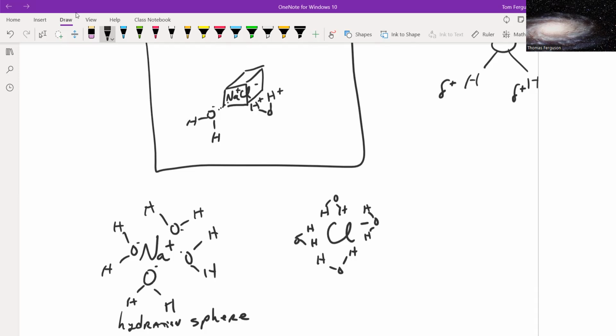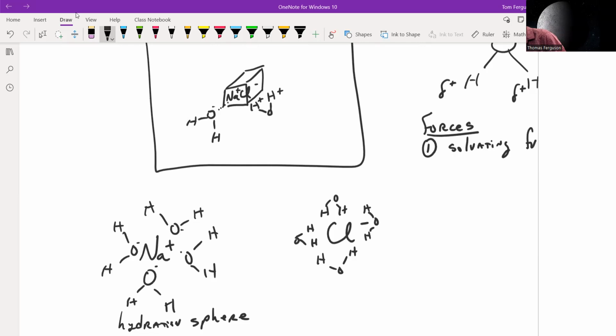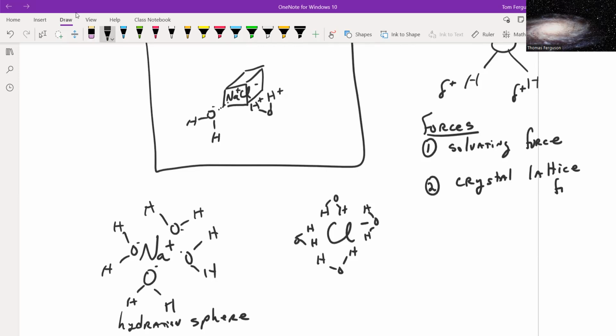So the sodium and the chloride no longer are together once the water pulls them out of that crystal. So these are the two forces acting on that crystal in the solution.